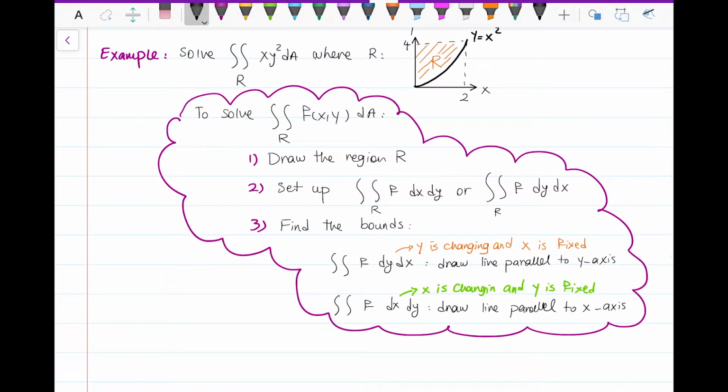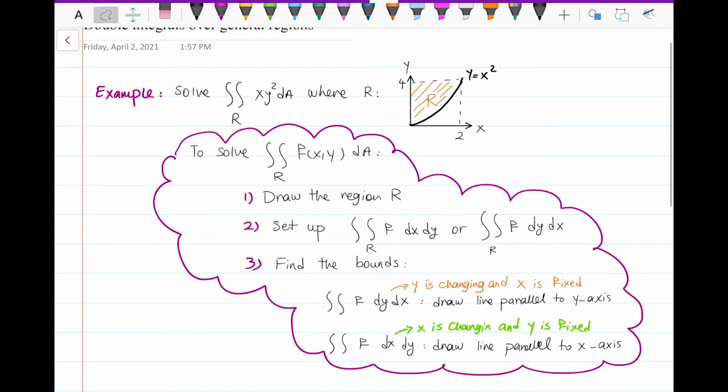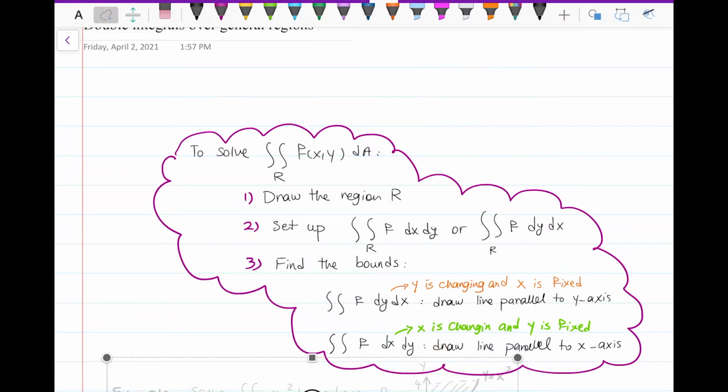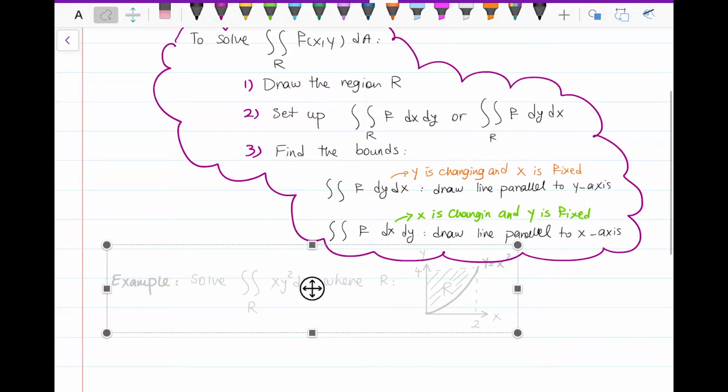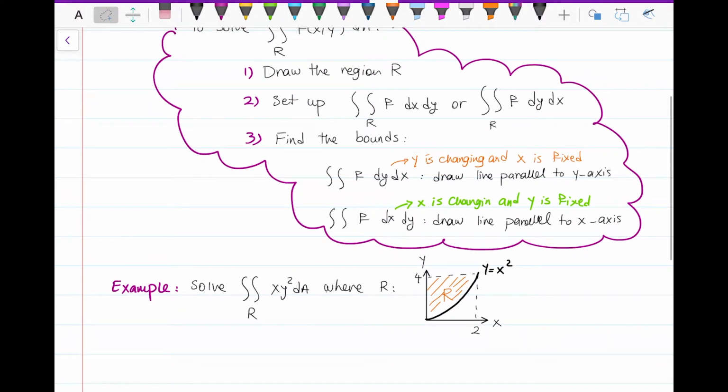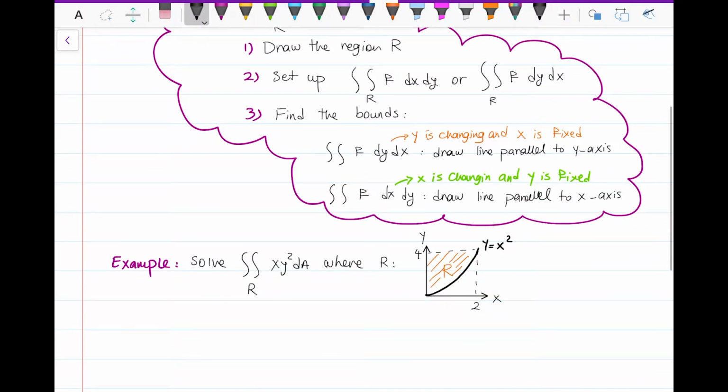So we have, let me basically move our example down. And now let's look at the first step. The first step is to draw the region R. We have the region R. Okay, so solution.